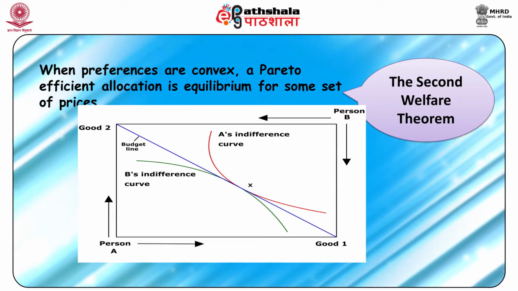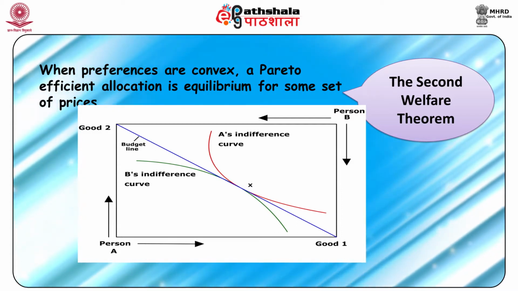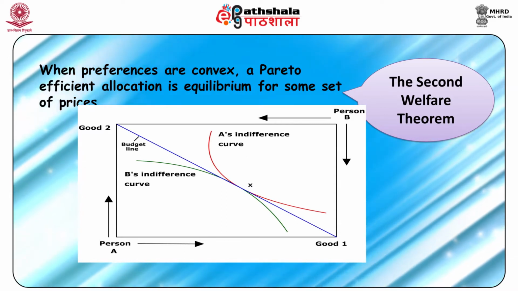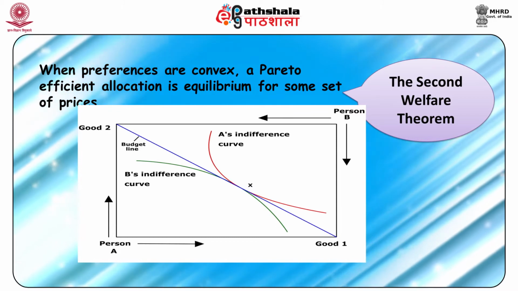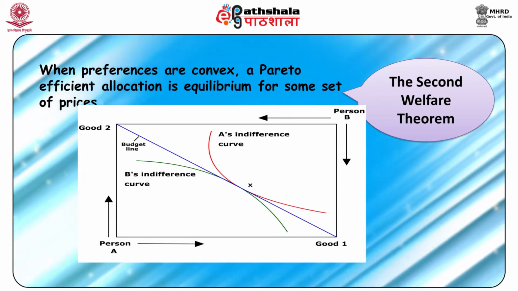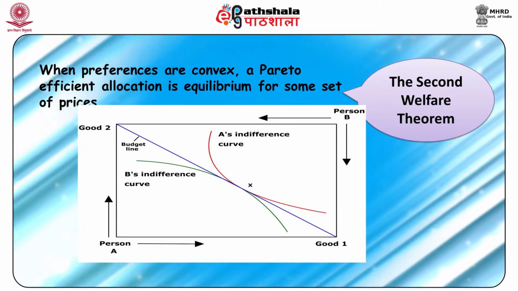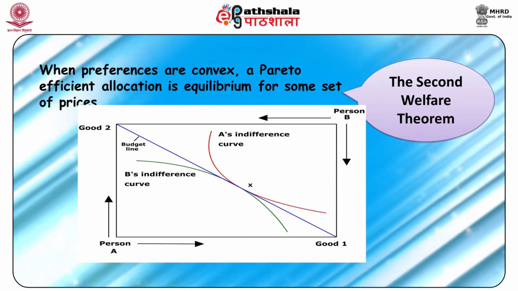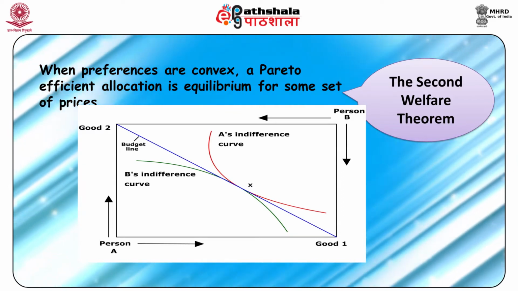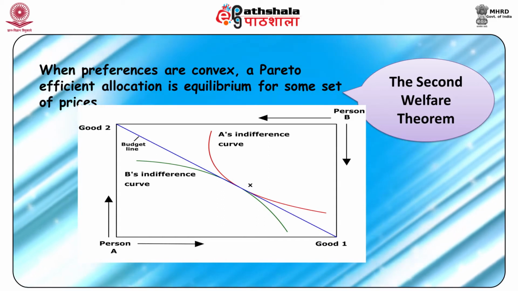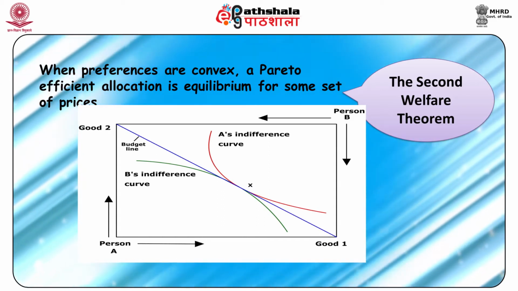Let us draw a straight line that is their common tangent. Suppose that the straight line represents the agents' budget sets. Then if each agent chooses the best bundle on his budget set, the resulting equilibrium will be the original Pareto efficient allocation.